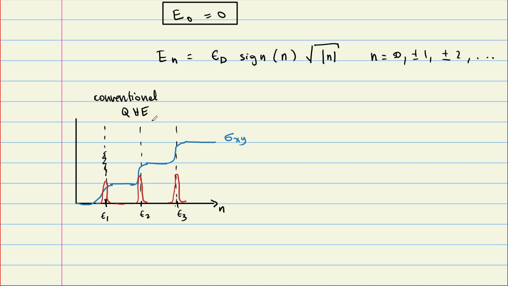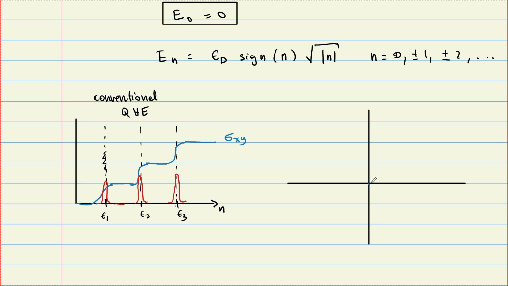And in graphene, it's going to be completely different. Let's try to see that. In graphene, we have a zero energy. So energy goes from negative values to positive values. Let me try to mark my Landau levels.